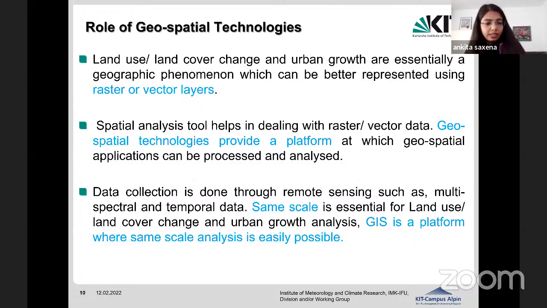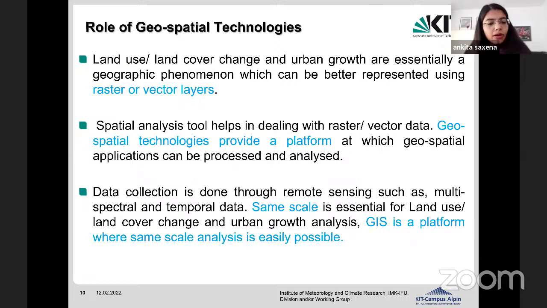So we have large-extent information in terms of satellite images, and we process those satellite images to get meaningful information. To process those satellite images, we need software, and we need to have know-how about the technologies, how to process those data to get urban information of different types.